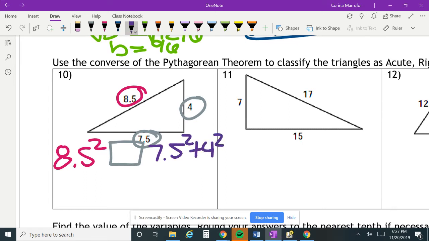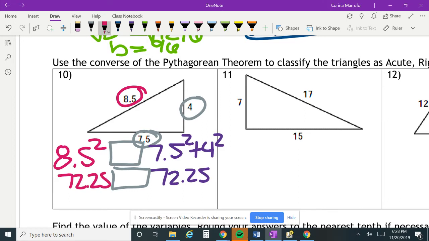So 7.5 squared plus 4 squared gives us 72.25. And in the middle, we don't know. And then on the other side, we're going to do 8.5 squared, and that gives us 72.25. So because both of the sides are equal, that means that this is going to be a right triangle.